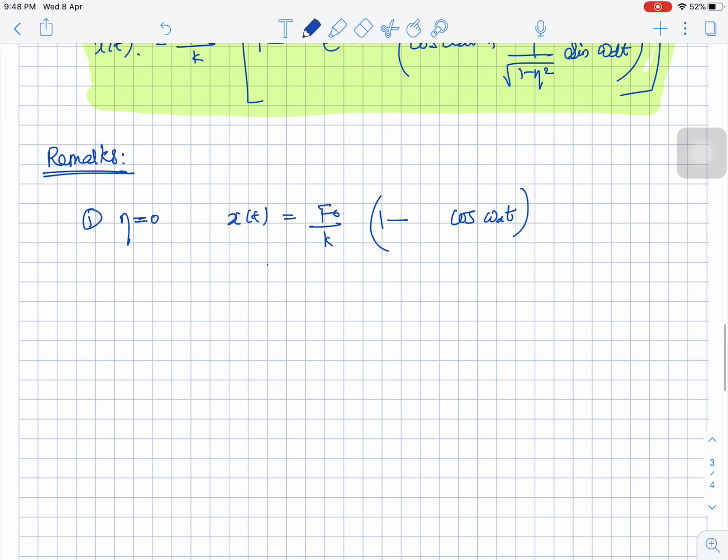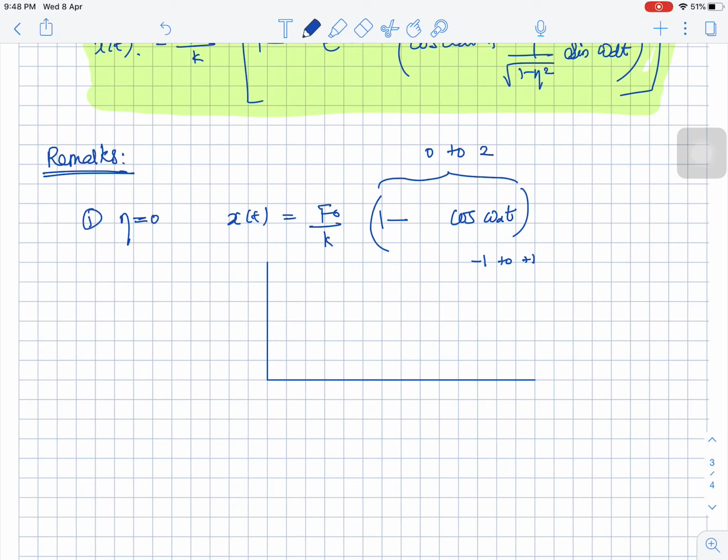So now we plot this curve. This value will vary. When cos omega t equal to 0, this is 1. So cos omega dt goes from minus 1 to plus 1, so therefore the equation will go from 0 to 2.